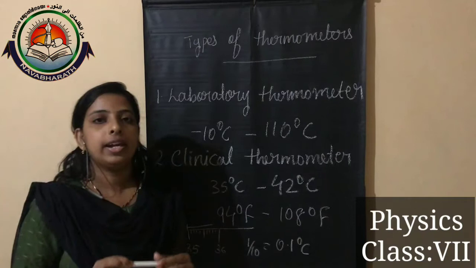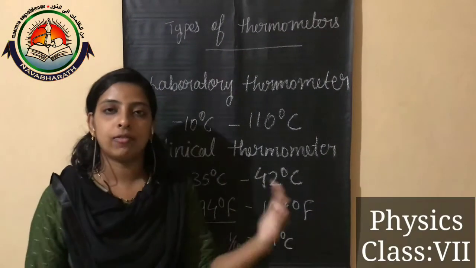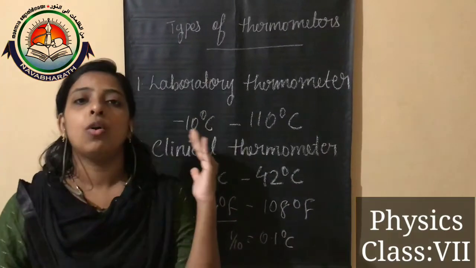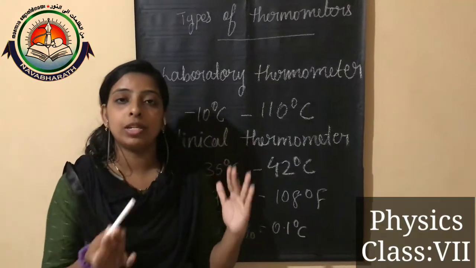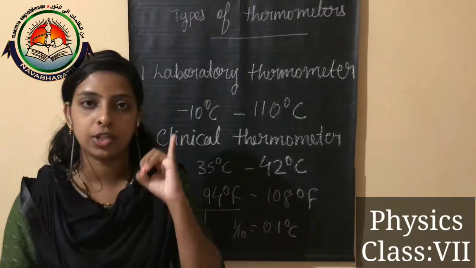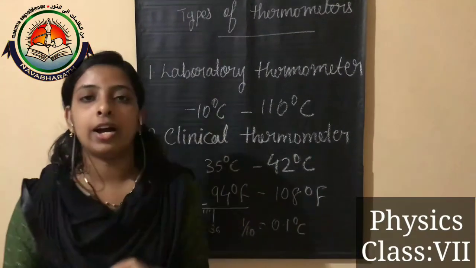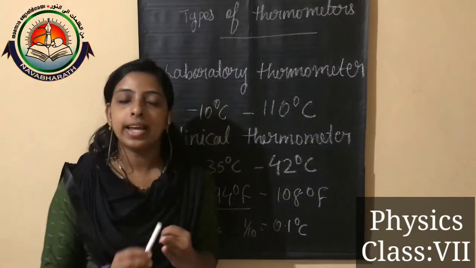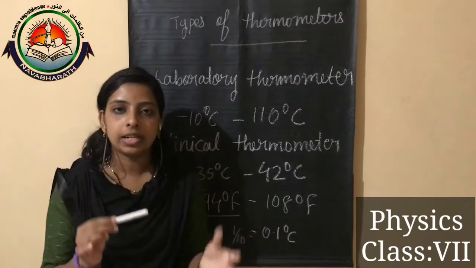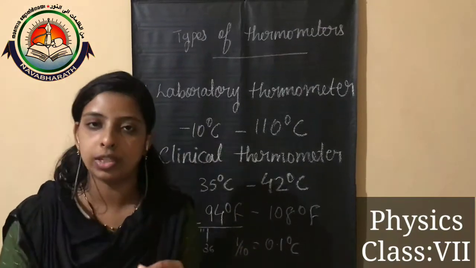Okay, and the next topic is the precautions that we have to take while using a thermometer. The first point is that we should wash the thermometer with an antiseptic solution before and after use. The second point is that while taking the reading, we should never touch the bulb of the thermometer.